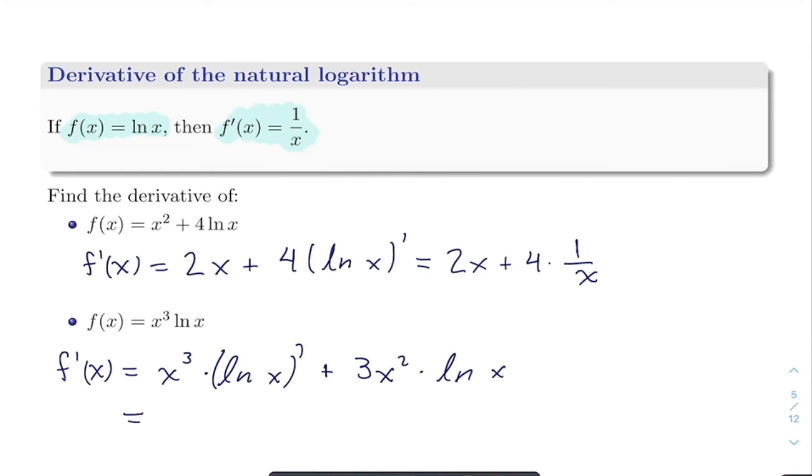And this is simply equal to x cubed times 1 over x plus 3x squared times the natural logarithm, which we can even simplify as x squared plus 3x squared times the natural logarithm.